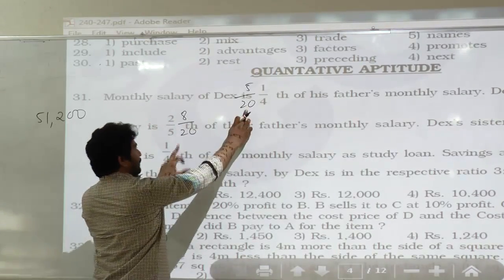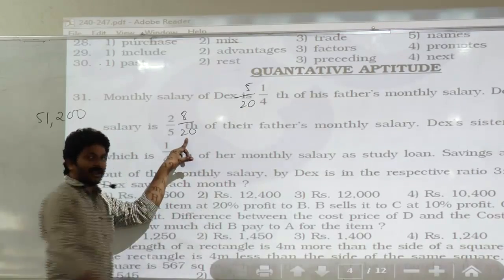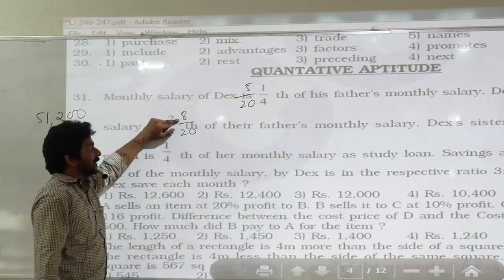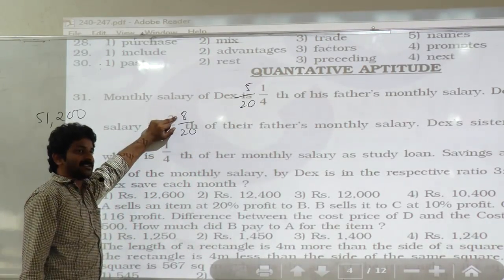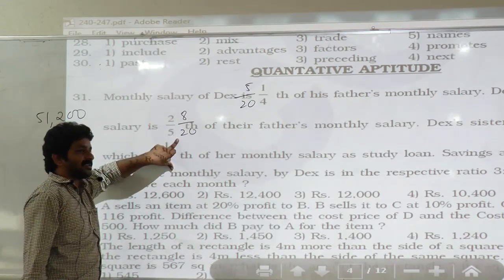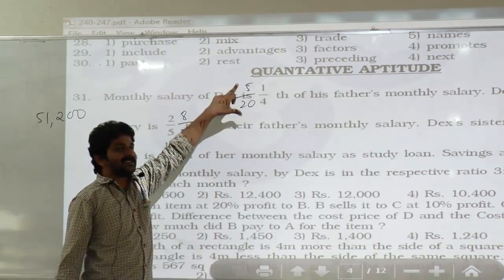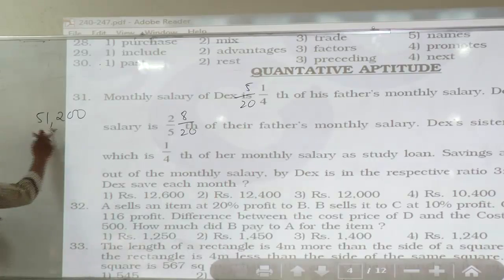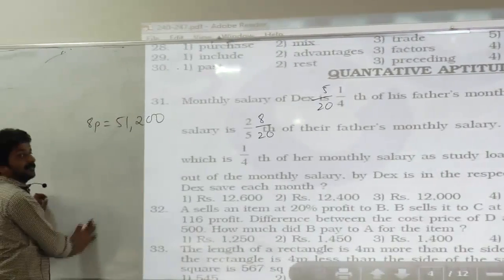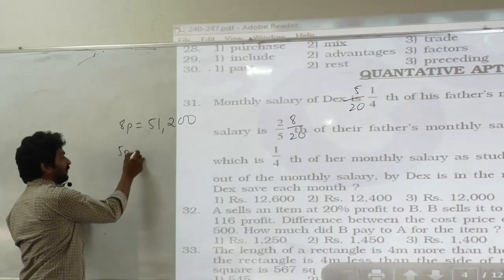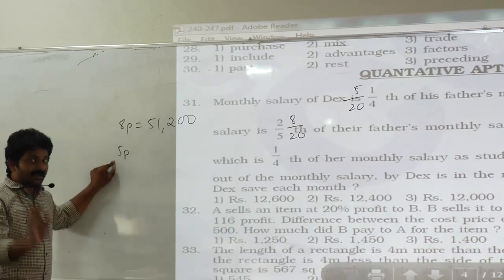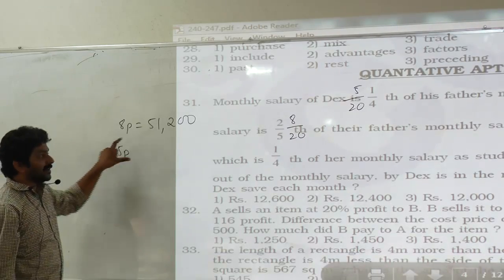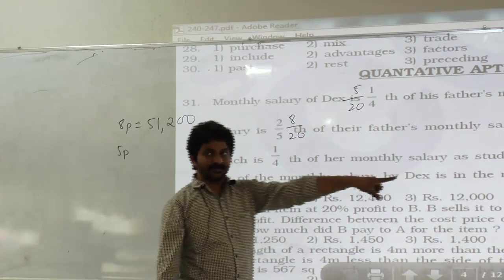Now father has 20 parts and here also 20 parts, right? Now Dex's sister's salary is 8 parts. Father's salary is 20 parts. Dex's salary is 5 parts. So 8 parts is this much. Now you need to calculate 5 parts. This is not your answer. 5 parts is divided in the respective ratio 3:5.